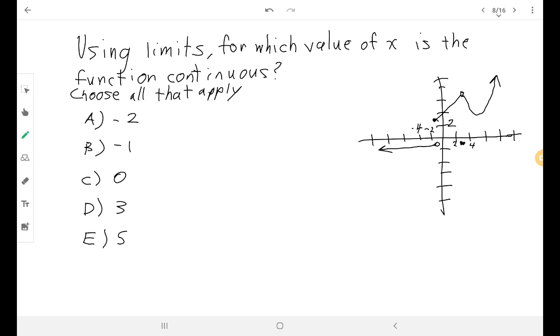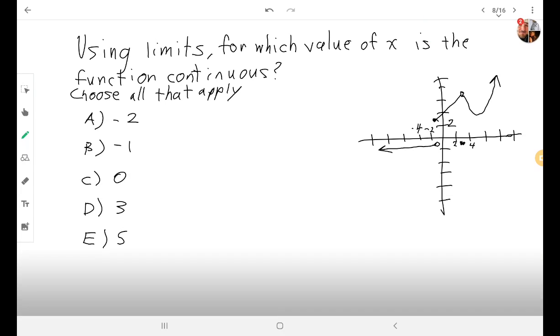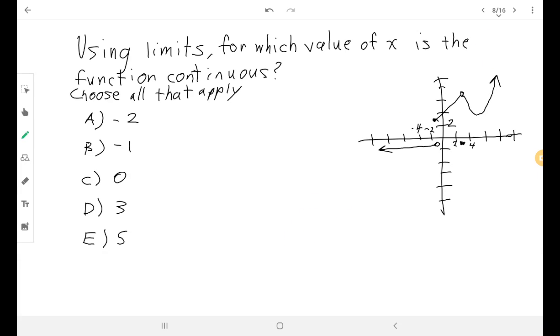Essentially, we have to test each of these values for continuity, right? And there's going to be one that's weird, and that's where I'll kind of focus our conversation. But the idea is that nothing weird happens at the limit there.